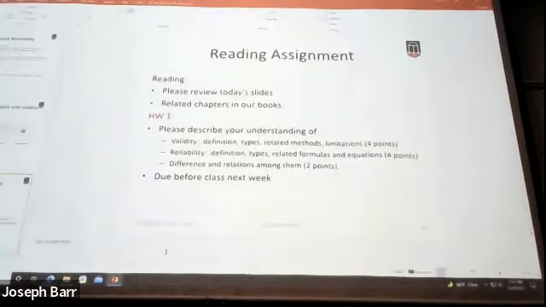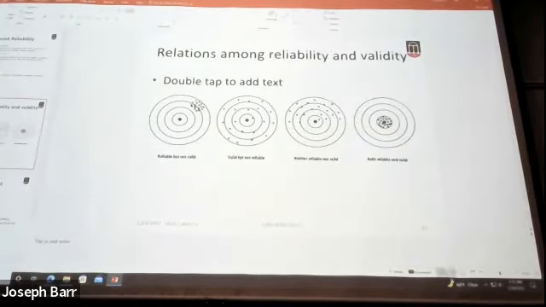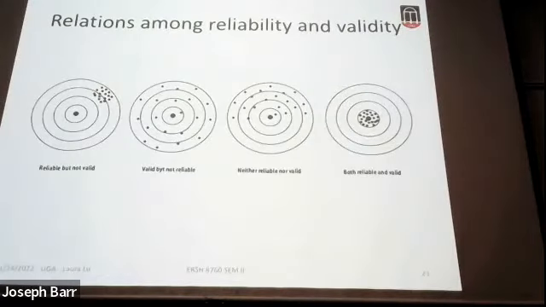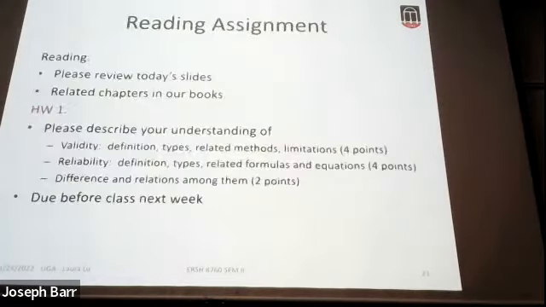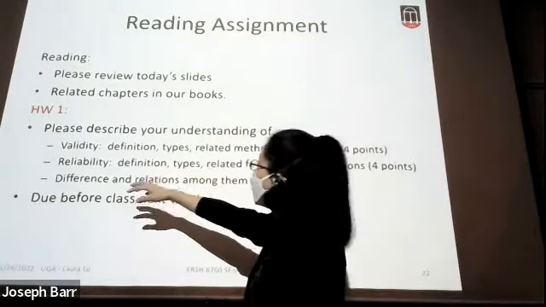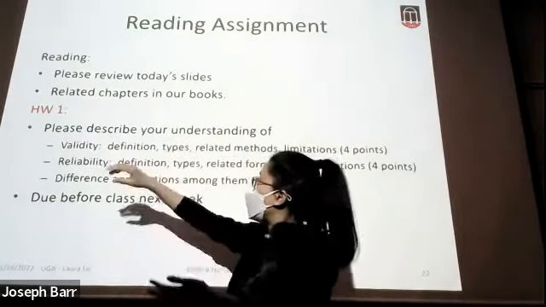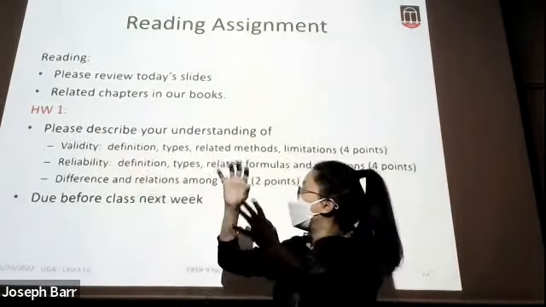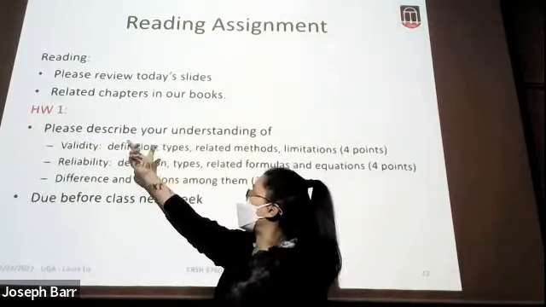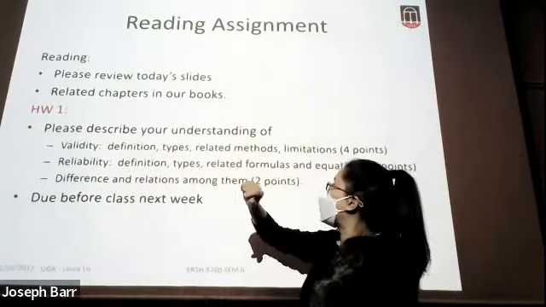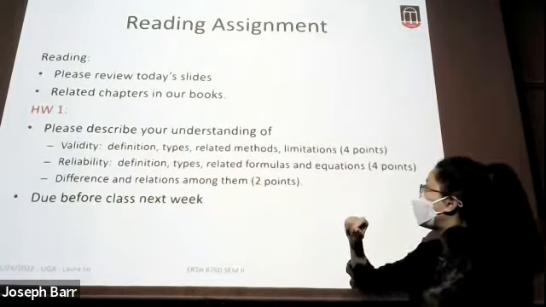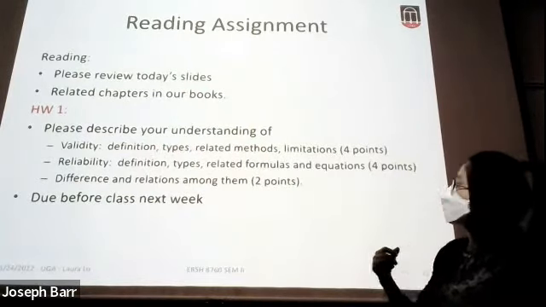And the last slide is about the relationship between validity and reliability. I think we have already covered this part. So that's it for today's class. You also need to finish homework 1, which has basically 3 parts. About validity: the definition, types, different methods and some limitations.